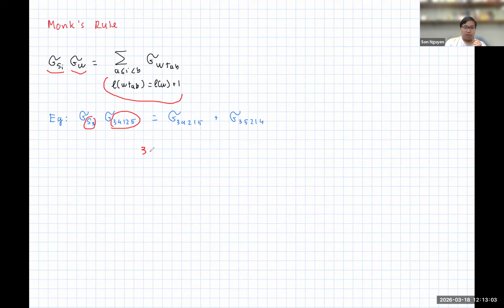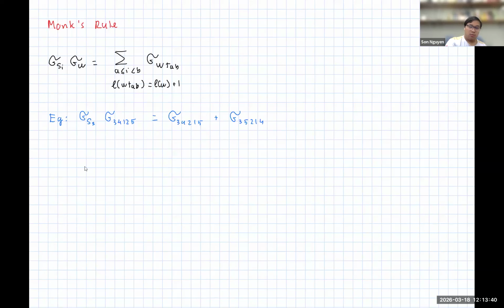I put a boundary between the 3 and the 4, at the third gap, and I look at how many ways I can swap numbers across this boundary so that I go up exactly one level in the strong Bruhat order. In this case, I can swap 1 and 2, or I can swap 4 and 5. I think that's it. Hopefully I'm not wrong again. What I get is that this product is the sum of these two Schuberts.